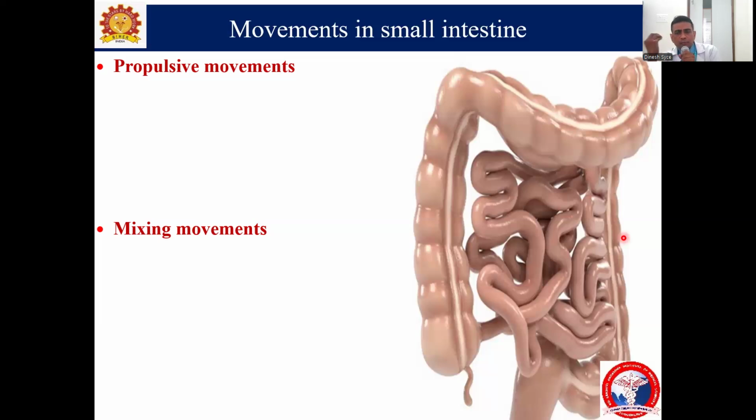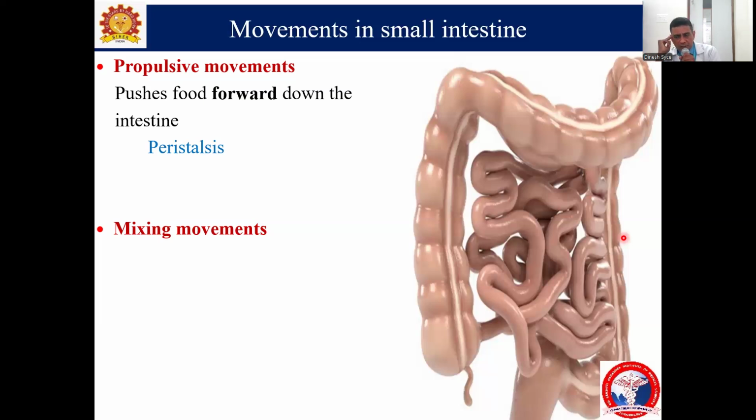So when we talk about propulsive movements, as mentioned earlier, this is a type of movement which pushes food forward along the small intestine into the large intestine. I'm going to give you two names, two types of propulsive movements pertaining to the small intestine. The first is called peristalsis, a word I'm sure you're already familiar with.